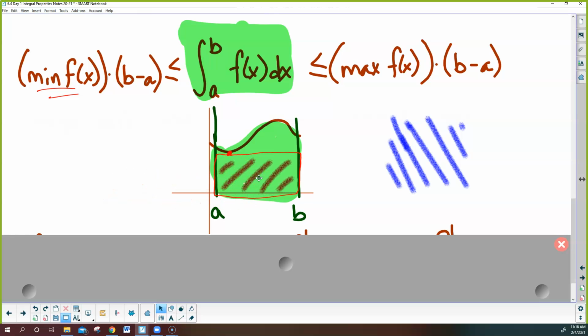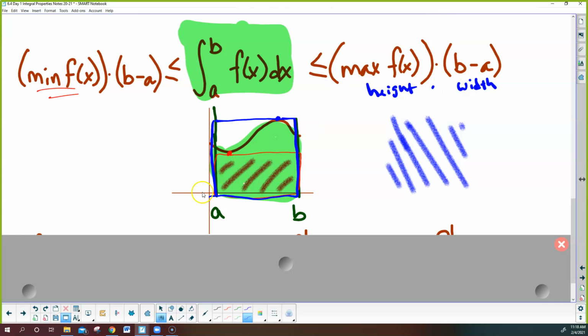Its area would be represented right there. Well, what if I did the same thing, but now I wanted to go from the maximum value? So if I take the maximum f of x, the highest that the function goes, and I create a rectangle out of that, its width is b minus a. That's the width, and the height is whatever the highest f of x is.